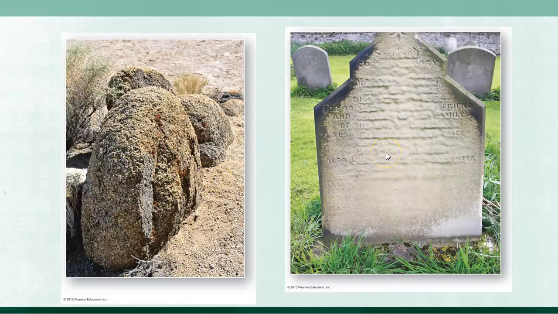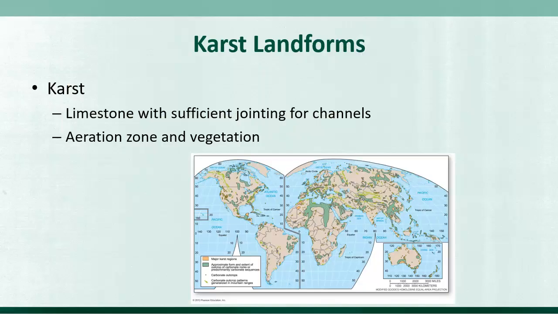This is a limestone tombstone that has essentially melted away as a result of slightly acidic water going over the surface of the limestone and causing it to dissolve. In fact, any place where limestone is very prevalent and there's a lot of good jointing for water to get down into small little channels in the rock, you can have the creation of what are called karst landforms.